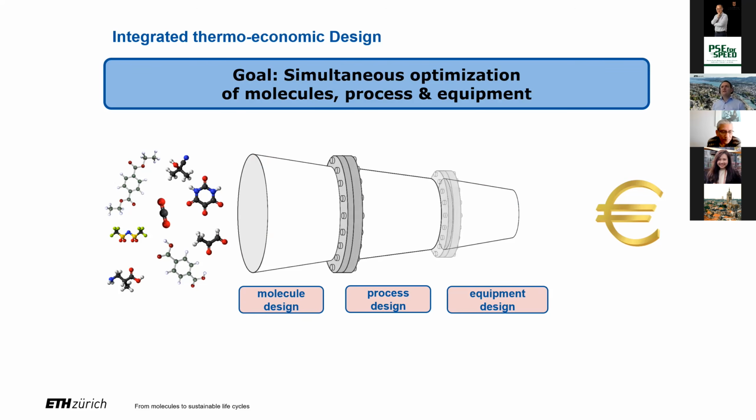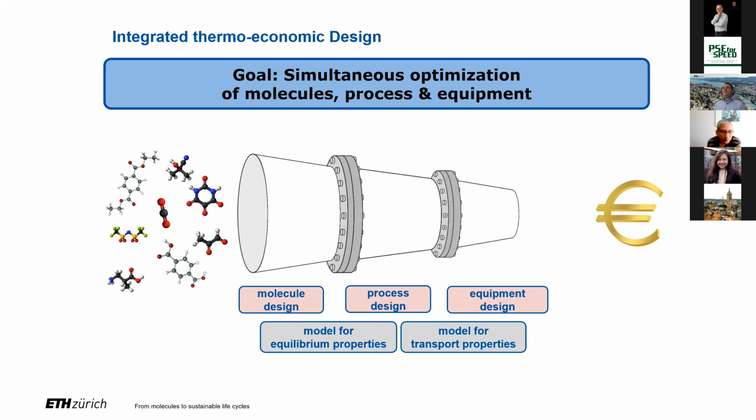We need good predictive models. And these models, in our case, have to be models for thermodynamic properties. So in particular, if you want to compute mass and energy balances, I need a model for the equilibrium properties of our molecules. And if we want to go to equipment design, that is the size of the plants, then I need to know something about driving forces.